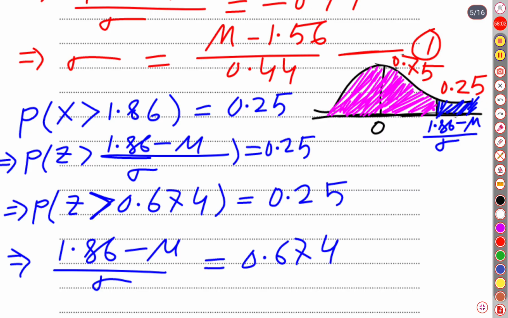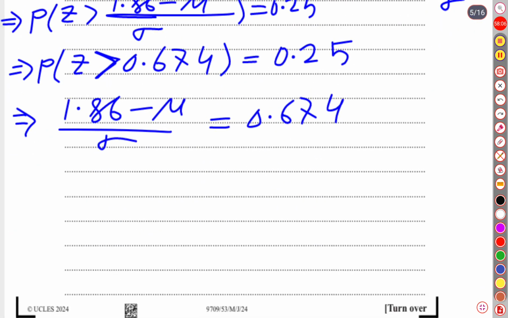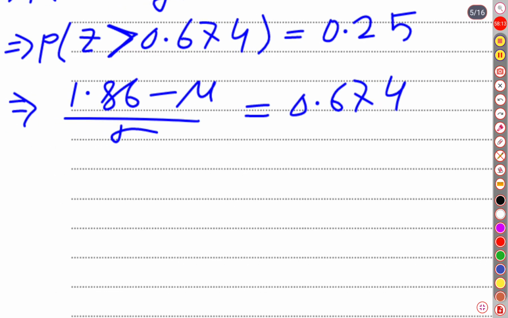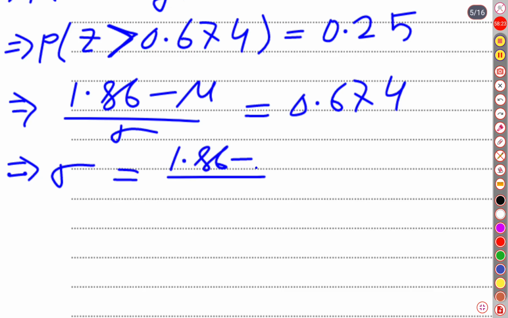So we can form another equation. Hence our sigma is going to be 1.86 minus mu over 0.674. Well, it may be left as equation number 2.